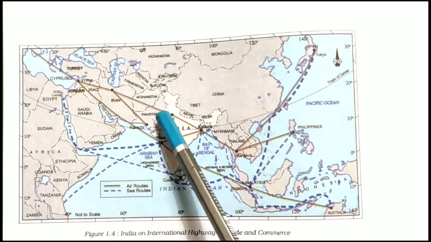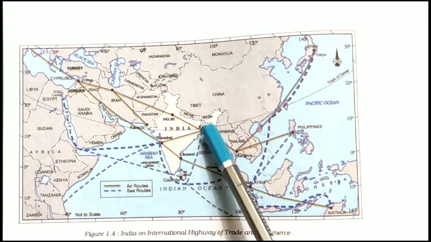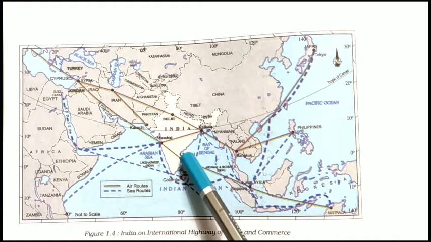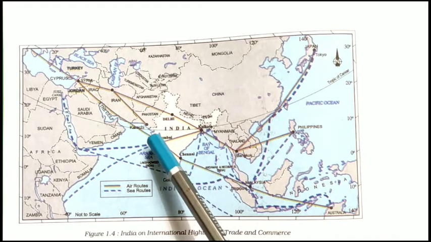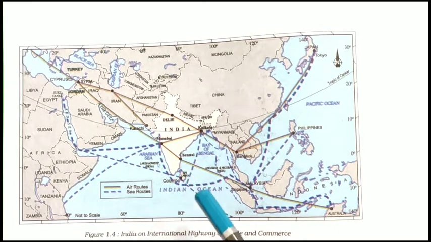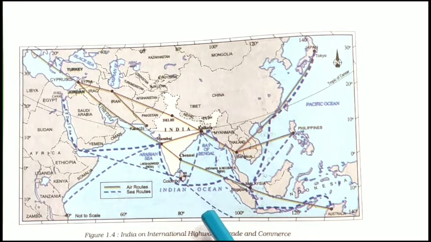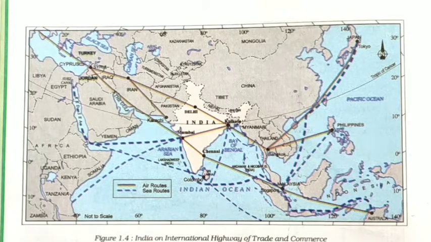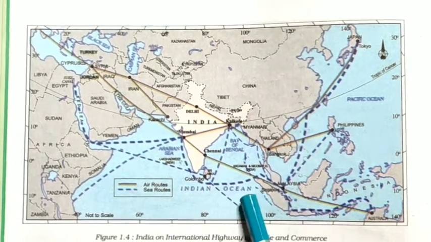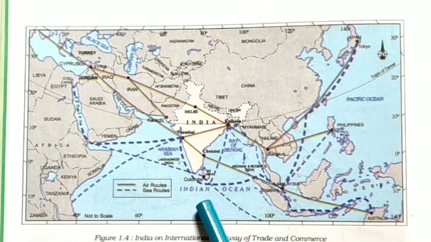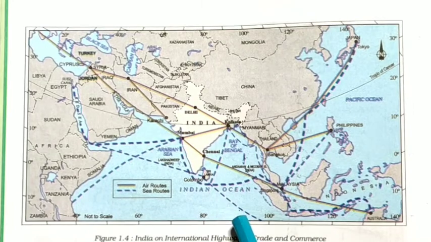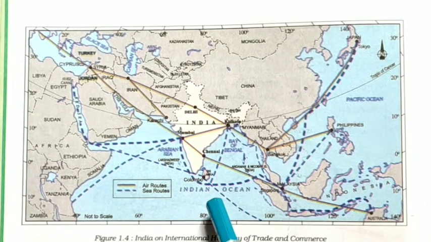In the map of India, this triangular part is called the Deccan Peninsula because it is protruding towards the Indian Ocean. This is the Indian Ocean, and because of this, the name Indian Ocean is given. No other country has a long coastline on the Indian Ocean as India has, and indeed it is India's eminent position in the Indian Ocean which justifies the name of an ocean after it.